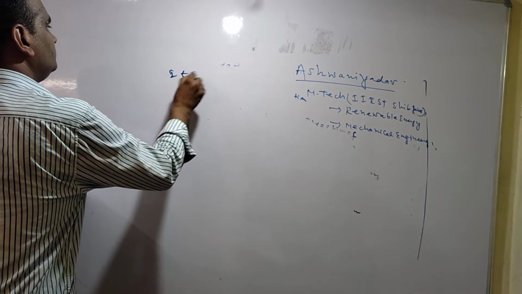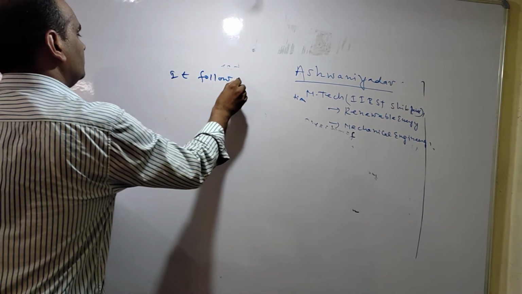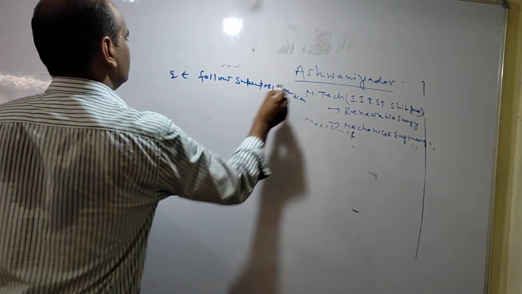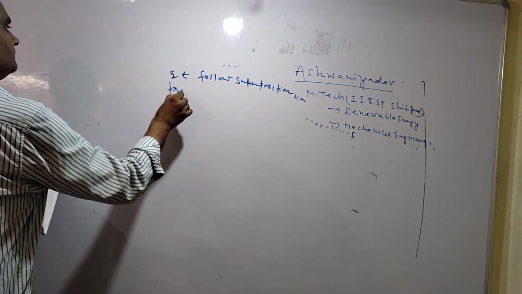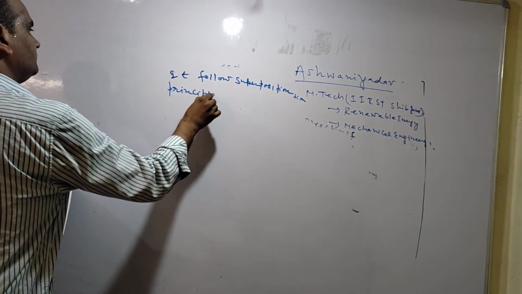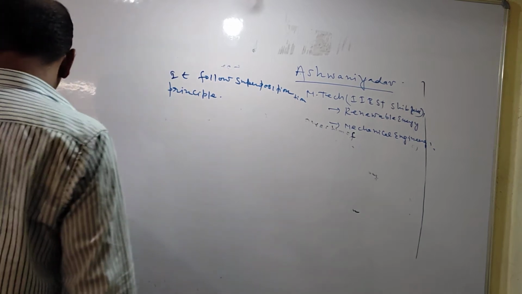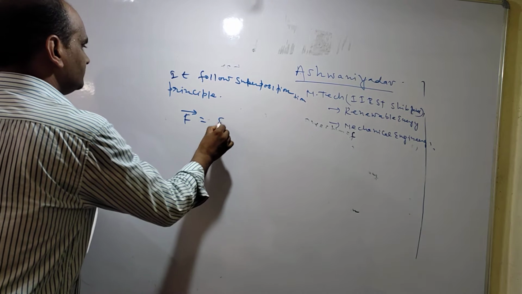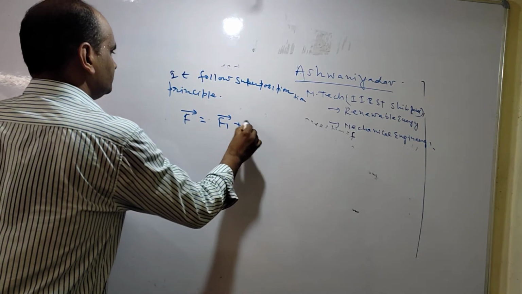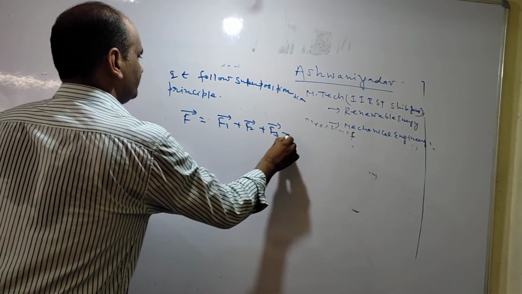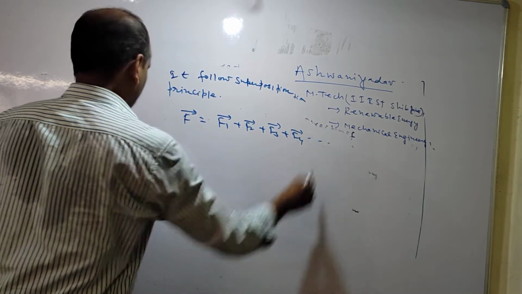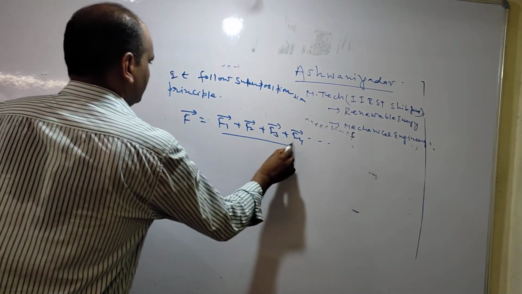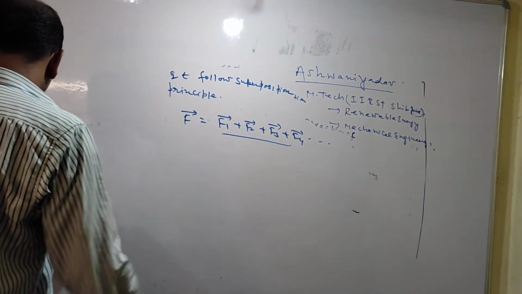Now it follows the superposition principle. It means the resultant force vector F is F1 plus F2 plus F3 plus F4 and so on. This is your superposition principle.